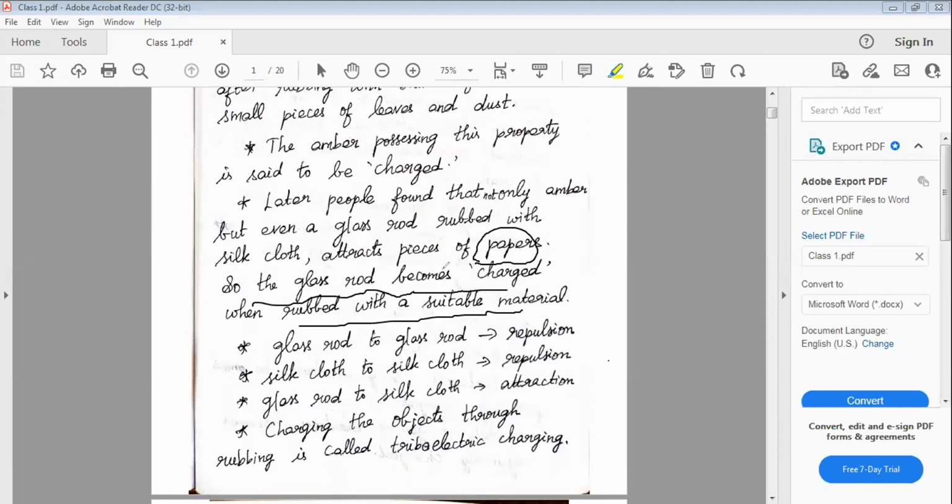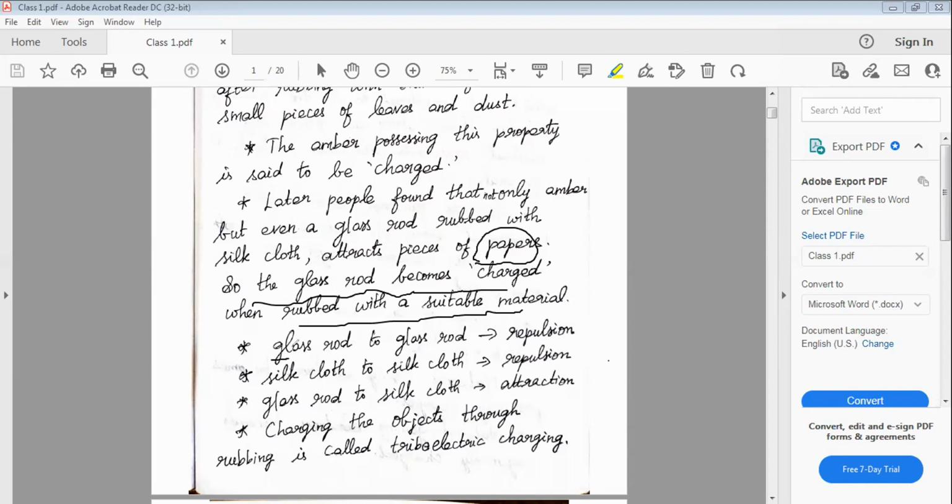So they took two separate glass rods and two separate silk cloths, and rubbed one glass rod with one silk cloth and the second glass rod with the second silk cloth. These glass rods and silk cloths got the ability to attract pieces of paper.